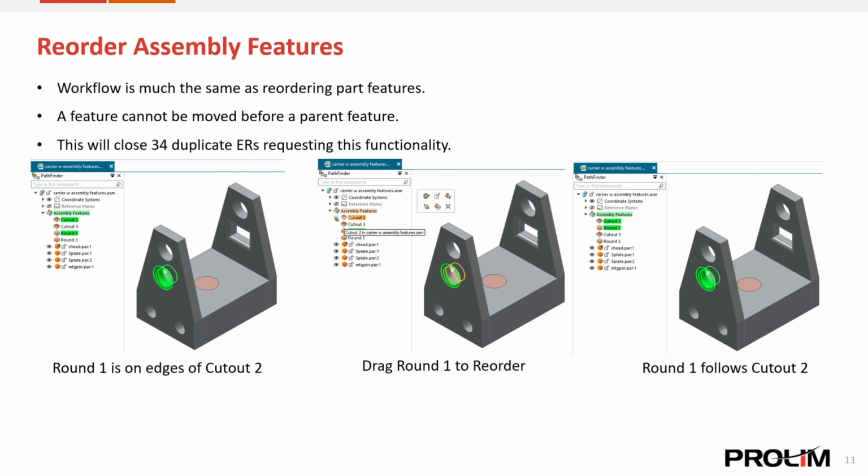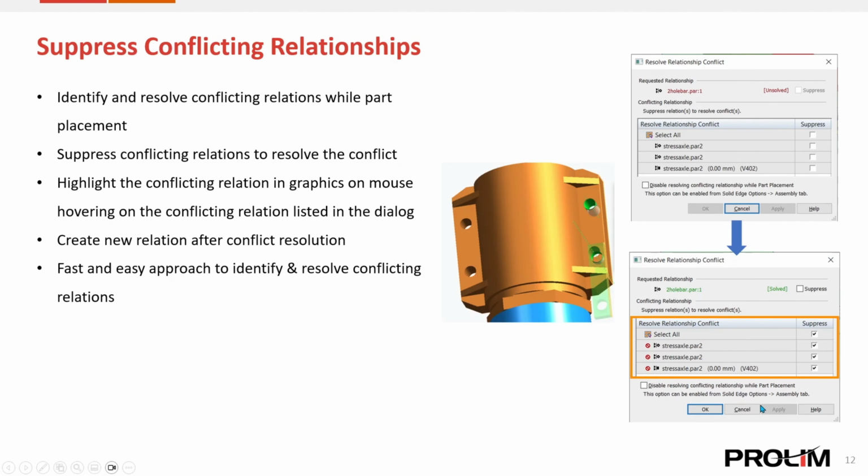As you can see, in this case, we would like to reorder round 1 and place it next to cutout 2. You simply have to drag this round 1 and place it next to the cutout 2. So this functionality has been added. One more thing to make a note of is that a feature cannot be moved before the parent feature, or else it would fail.